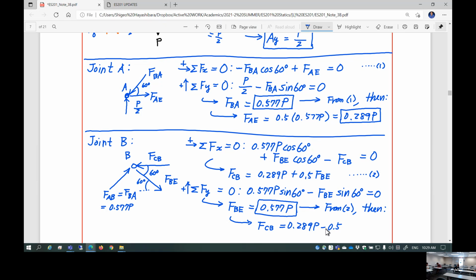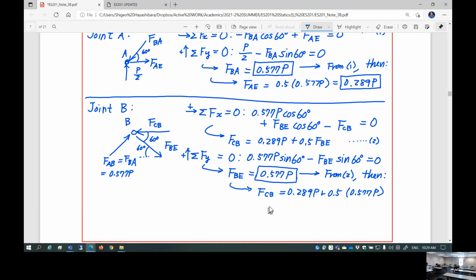Plus, sorry, plus 0.5 times 0.577P. You got FCB is equal to what? 0.577P. It looks like it's either 0.577 or 0.289P.